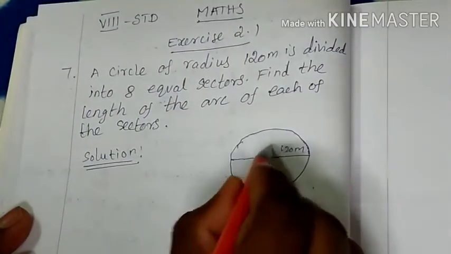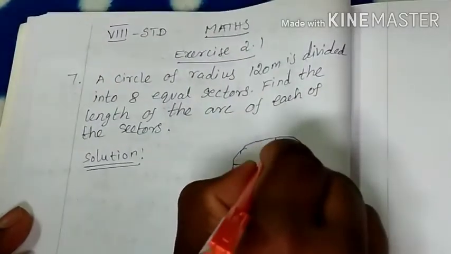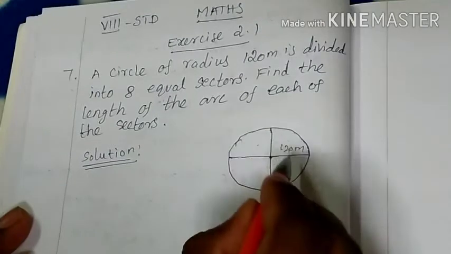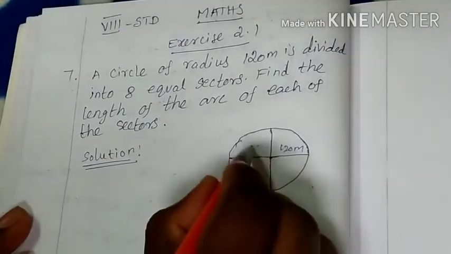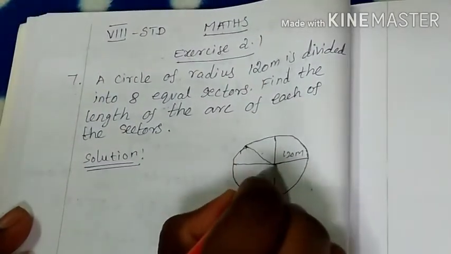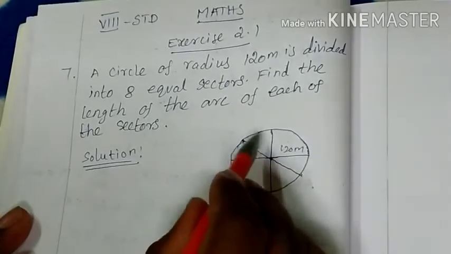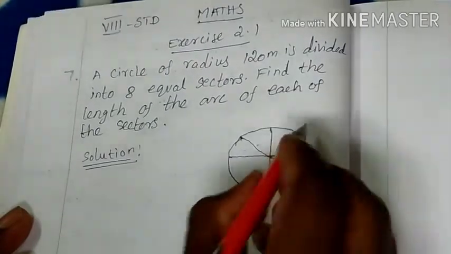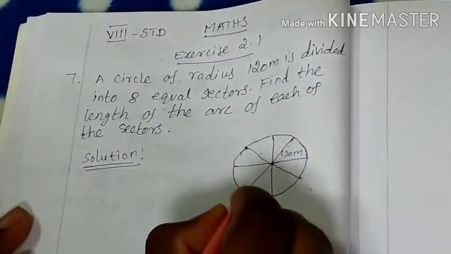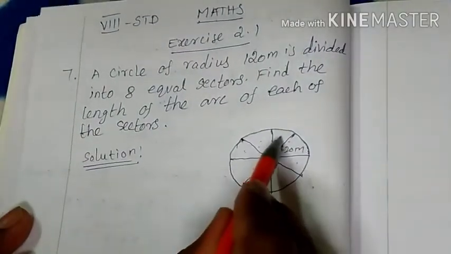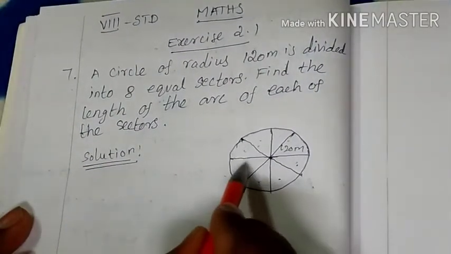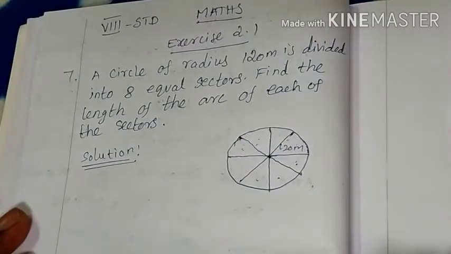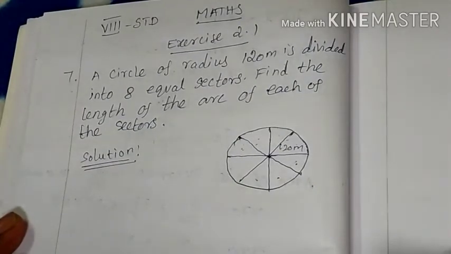So now these are 2 equal sectors, 1, 2, 3, 4 equal sectors, 1, 2, 3, 4, 5, 6 equal sectors, and now 1, 2, 3, 4, 5, 6, 7, 8 equal sectors. In this slide, we are making the sectors.